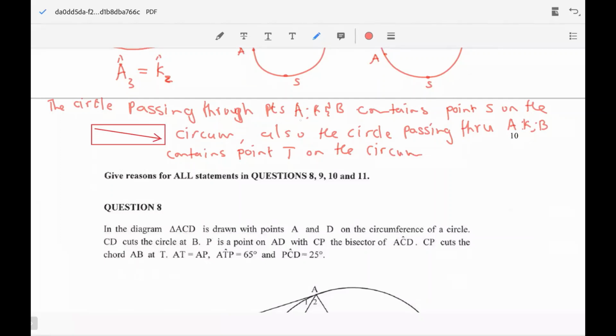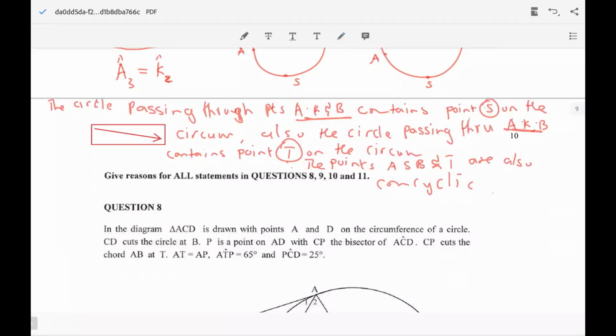So these two circles have A, K, B in common. The only difference is point S and point T. So it's obvious that T and K should be on the same circle here. Therefore, the points A, S, B, and T are also concyclic. So it's just a matter of connecting them, interlinking all of them.